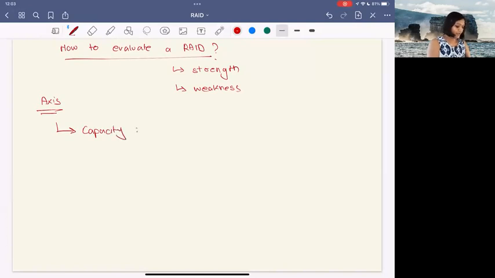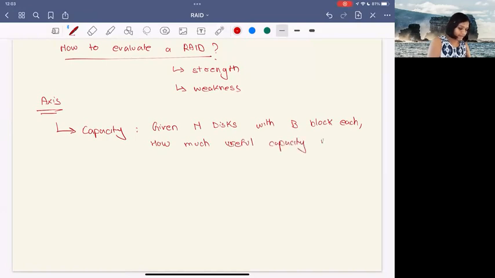Capacity: how do we compare the capacity? Let's say that given n disks with B blocks each, how much useful capacity is available? That's what we could measure on this axis of capacity.